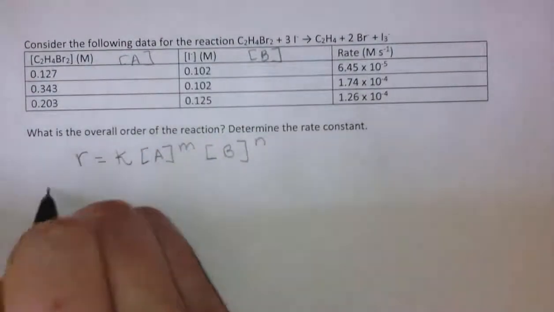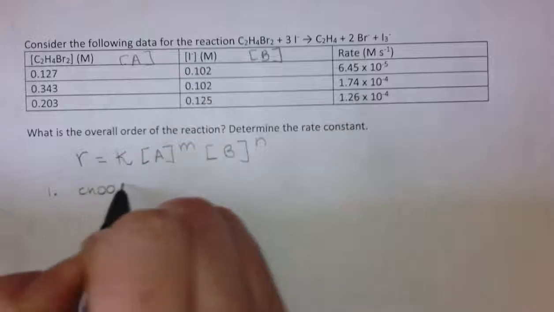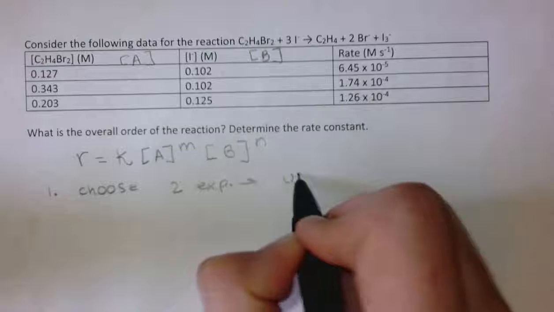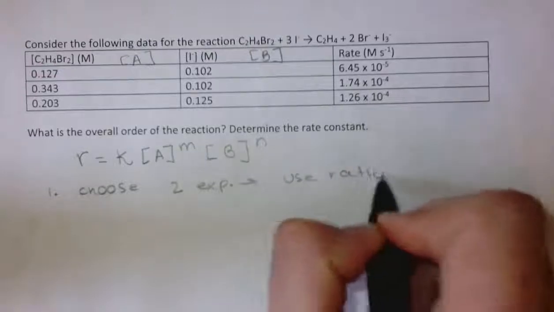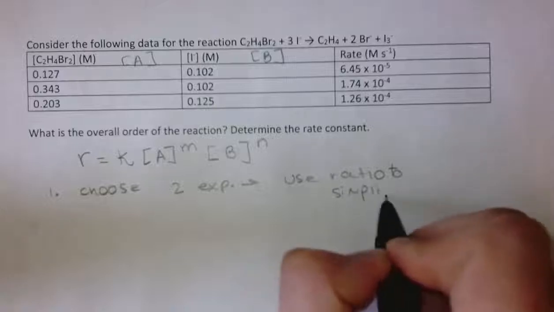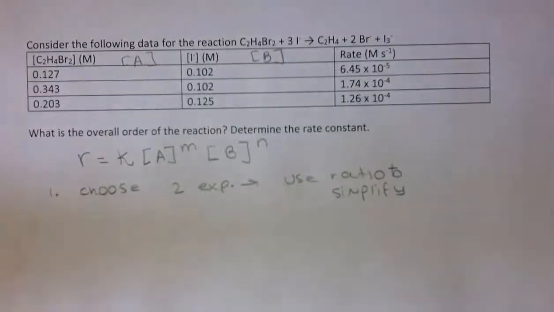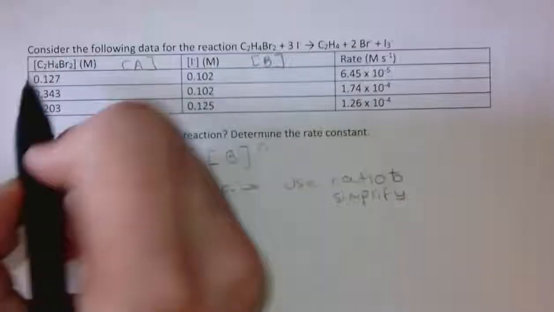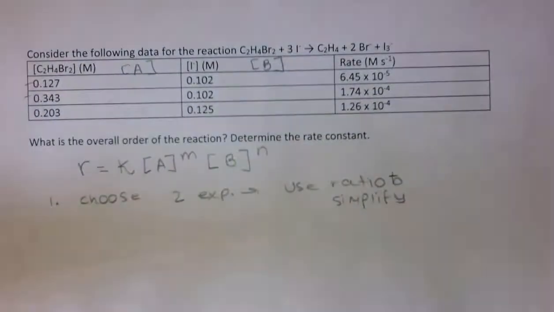So what we can do is first choose 2 experiments from our list. And we're going to use the ratio of the expressions that we develop to simplify and solve for m or n. So the experiments that I'll choose are experiment 1 and experiment 2.